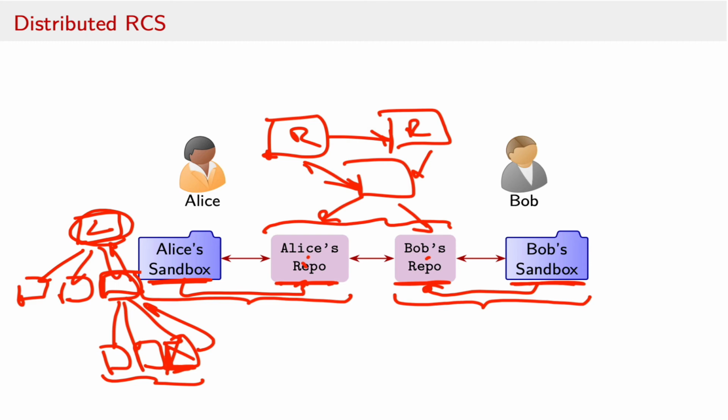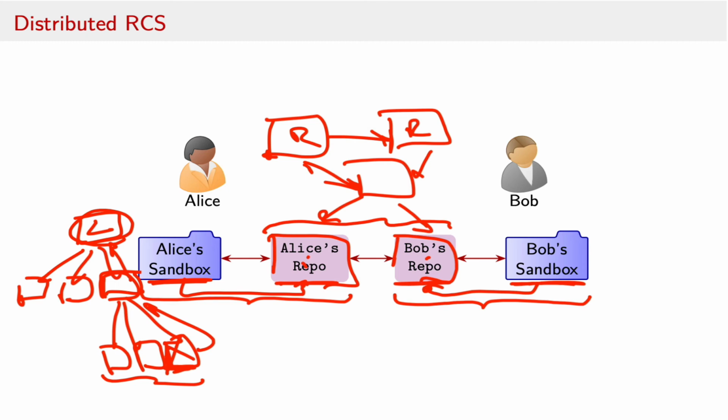Having that entire history in different repos on different machines, maybe in different parts of the planet, gives you quite a lot of reliability in terms of replicating that code, because no one of these repos is more privileged than any other. They all pretty much stand alone as complete copies of the project.